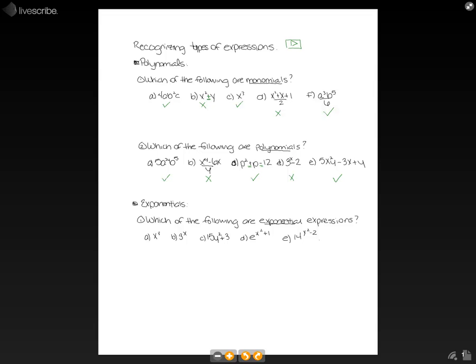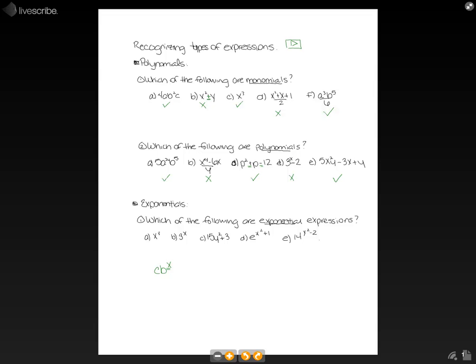We also use exponential to describe any sort of function that's of the form c b to the x, where b is any positive real number, not necessarily just e, but it's raised to a variable.